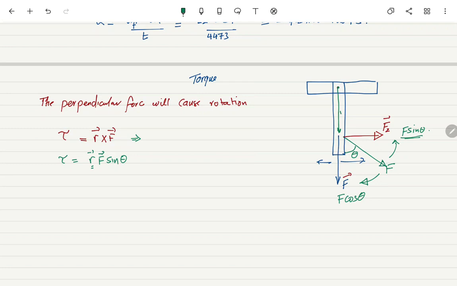So this is the arm, let's name it r, and this is the force F. And theta is the angle between the force and the vector r. In other words, the magnitude of the torque is equal to the magnitude of the vector r times the magnitude of the vector F times sine of the angle between F and r.